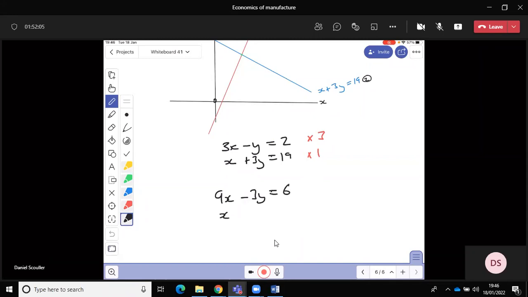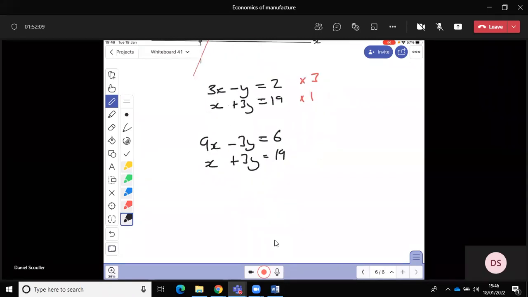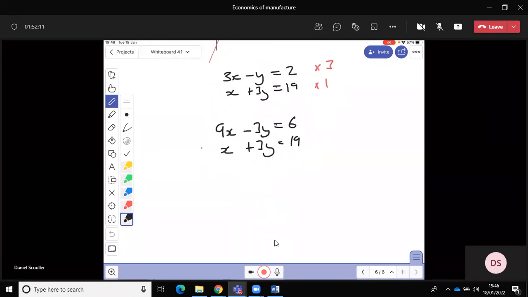Going through the process for equation 2 gives us that. Now we can just add them together. 10x, because the y terms eliminate each other, equals 25.